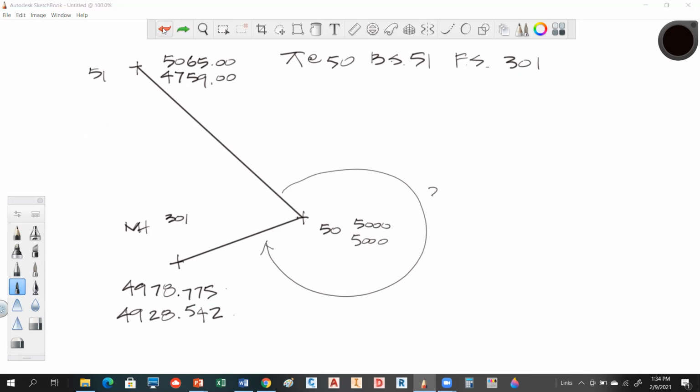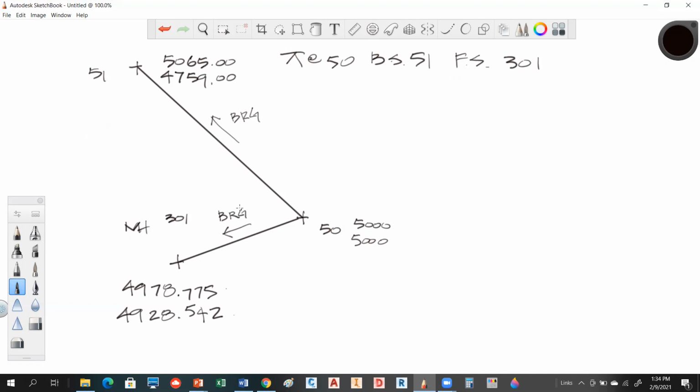Yes, azimuth, correct. Now you won't get an azimuth, will you? No, you get a bearing, right? So we're going to get the bearing from here to here, which we can convert to an azimuth, and we're going to get the bearing from here to here, which we can convert to an azimuth. And once we've got azimuths, we've got our angle.